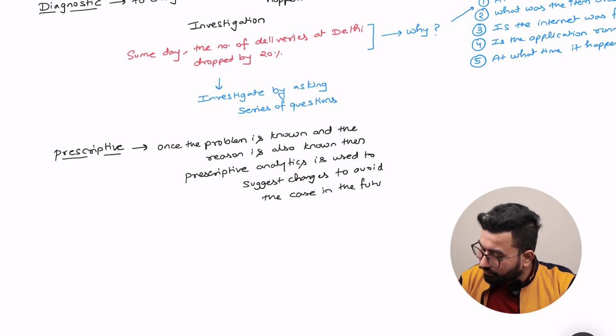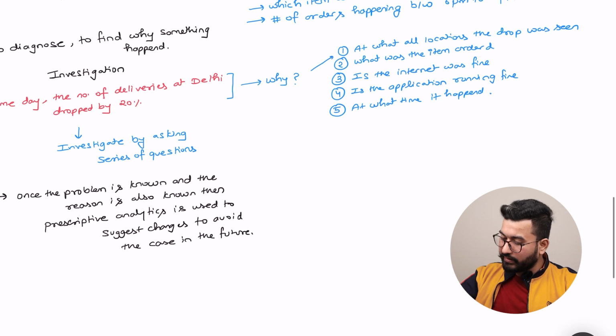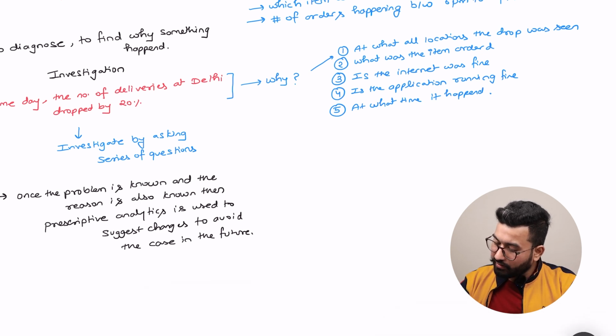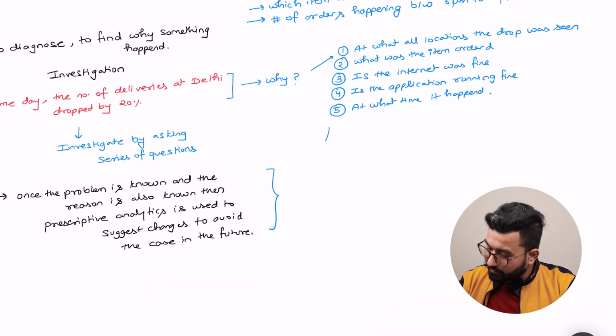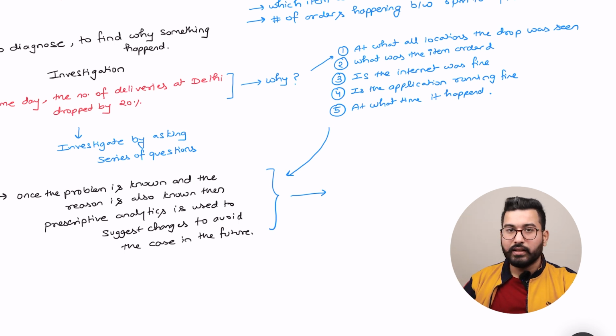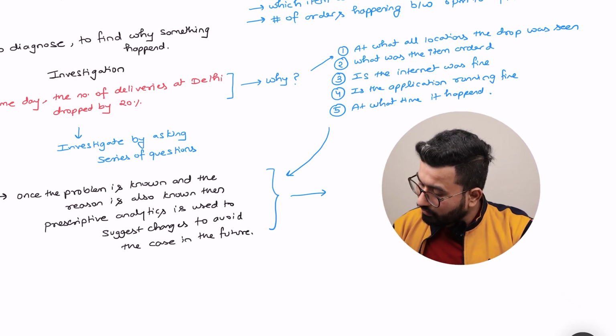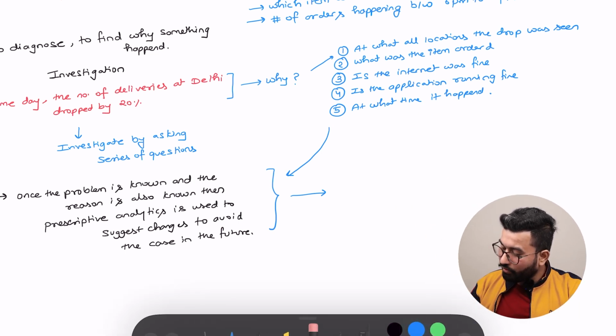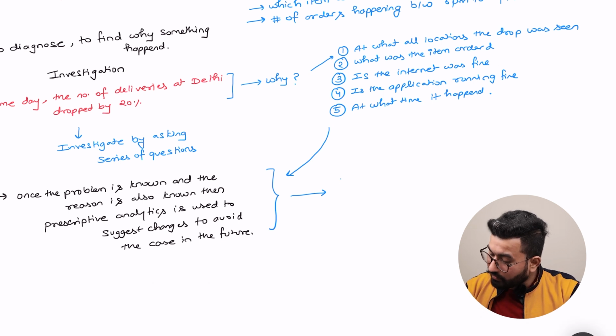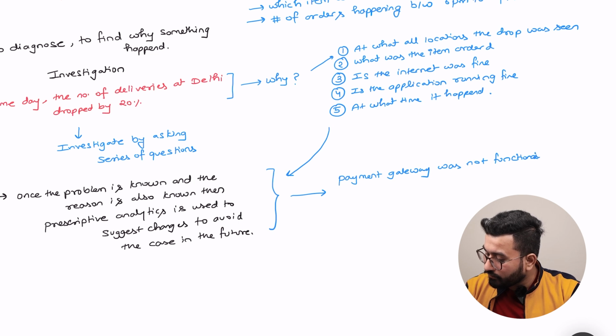in the future. For example, in this case, after doing the investigation, you found that the number of orders in specific locations were down because the payment gateway was not functioning.